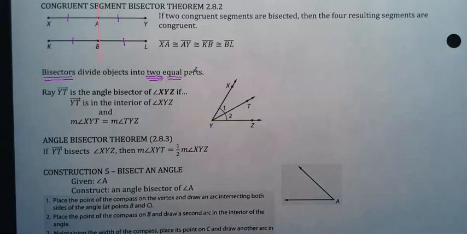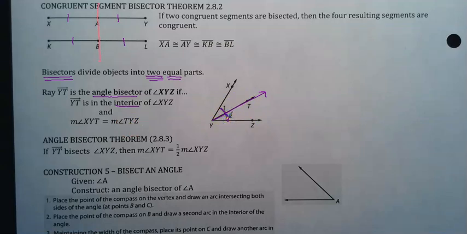So if we have ray YT, right here, ray YT is the angle bisector of angle XYZ if YT is in the interior, so it's on the inside of angle XYZ, and the measure of angle XYT, so angle 1, is equal to the measure of angle TYZ, angle 2.